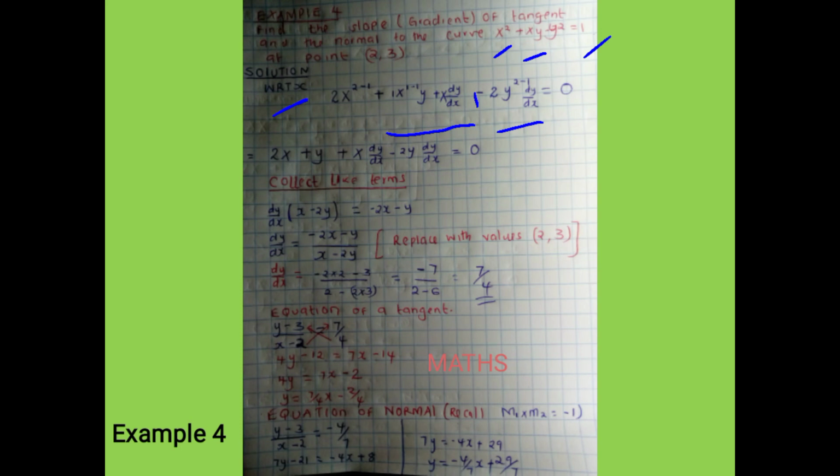When you simplify you get 2x plus y plus x dy/dx minus 2y dy/dx is equal to 0. You come and collect the like terms, dy/dx to be on the left hand, and the constant figures to be on the right hand side.